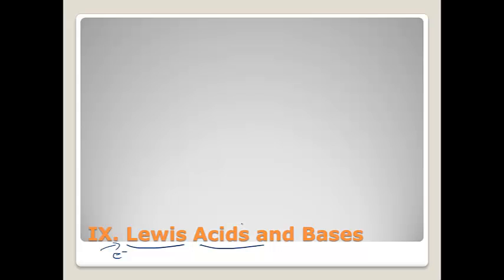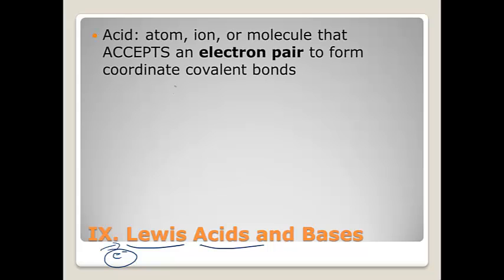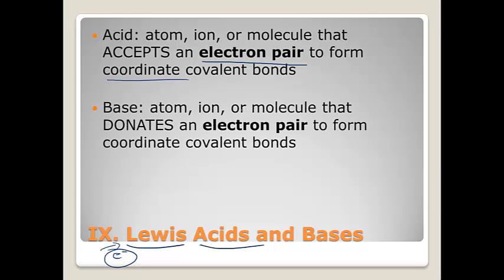Okay, so he said, well, it's because it deals with electrons. So Lewis acids and bases. Same guy came up with the Lewis dot structures. An acid is an atom, ion, or molecule that will accept an electron pair and can end up forming coordinate covalent bonds when it does. Okay, and the base is going to be the thing that donates electron pairs.